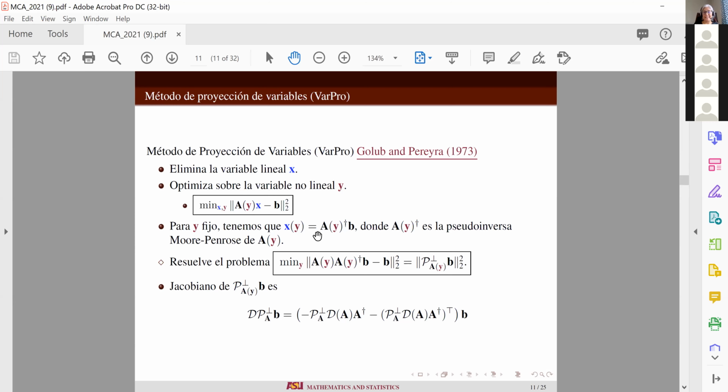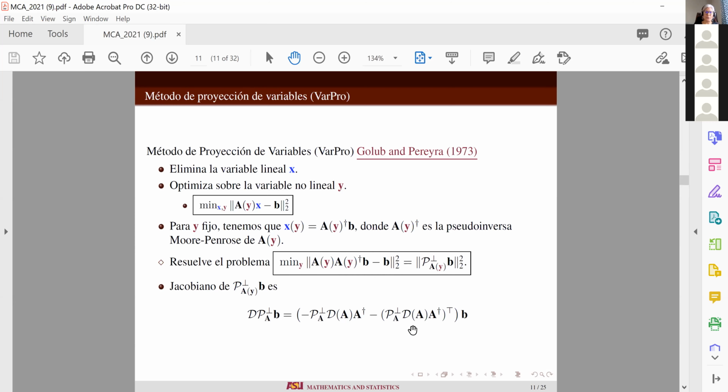And because x has a closed form, you can replace x by this expression, and then your functional can be written only in terms of y. So now, if you want, you can apply Gauss-Newton to this. It fits in the sense that we have a nonlinear function, and now we minimize with respect to y.